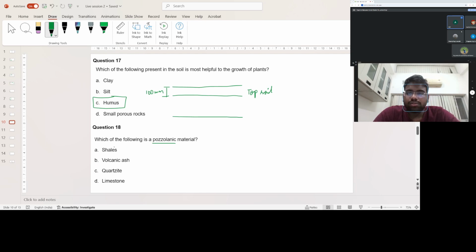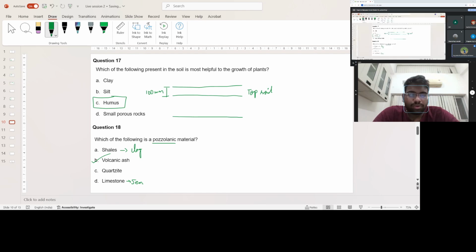Among these, shales are essentially clay minerals, quartzite is crystalline, and limestone is sedimentary. Calcium carbonate powder is a different story. Limestone also contains calcium carbonate, but there is a difference between limestone and calcium carbonate powder. So the option will be volcanic ash. Hope I'm clear.